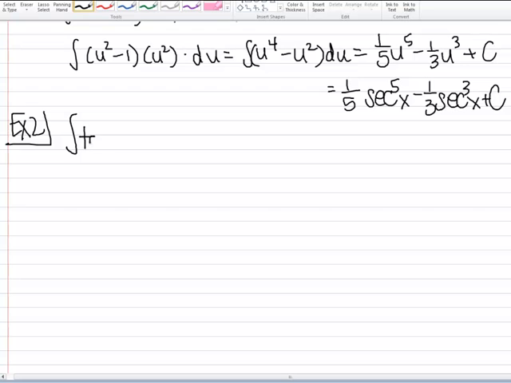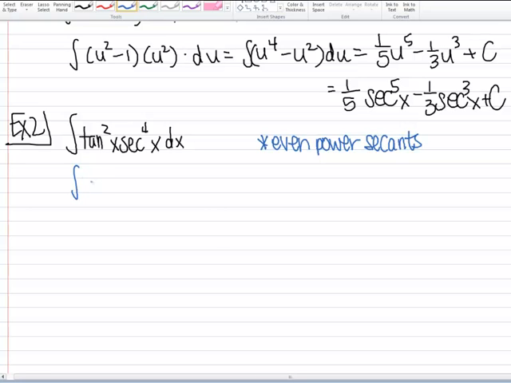Alright, let's try tangent squared x secant to the fourth x dx. When we have ones involving an even power of secants, what we're going to do is break apart and separate out a secant squared x.